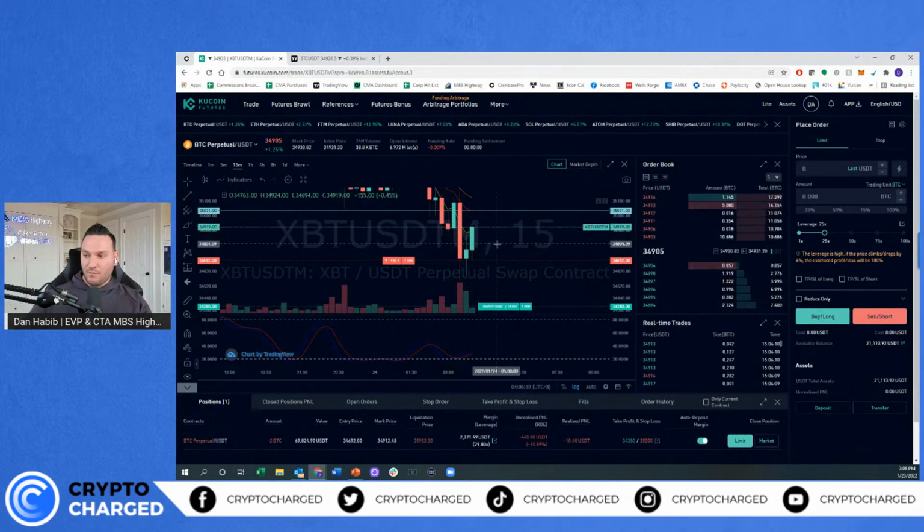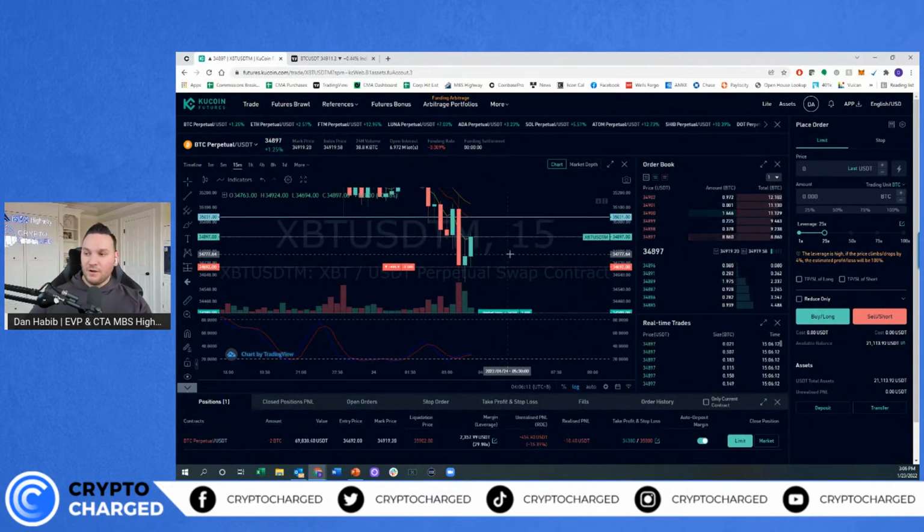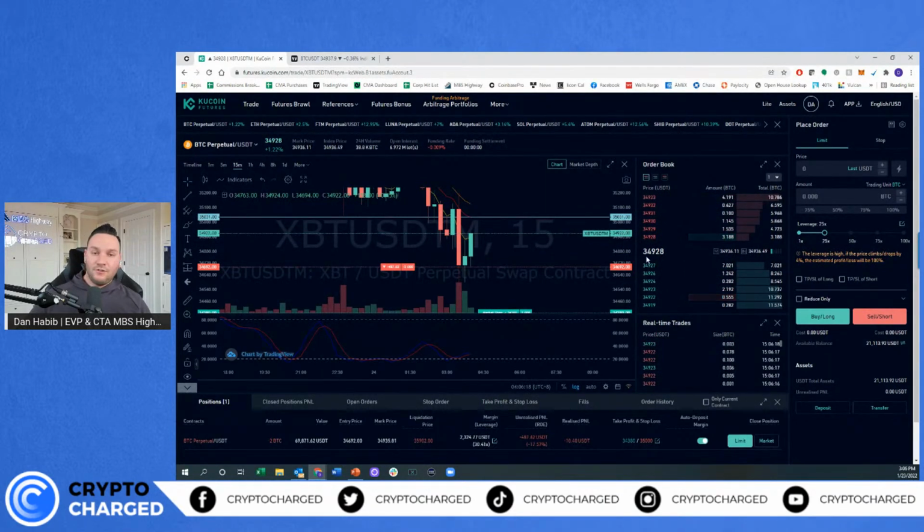Here's the problem with doing a market order. It's going to give me the worst execution, meaning it tries to give you the best execution based on the orders in the order book, but oftentimes you're not going to get the best price, because it's not a guaranteed price like with the limit order.